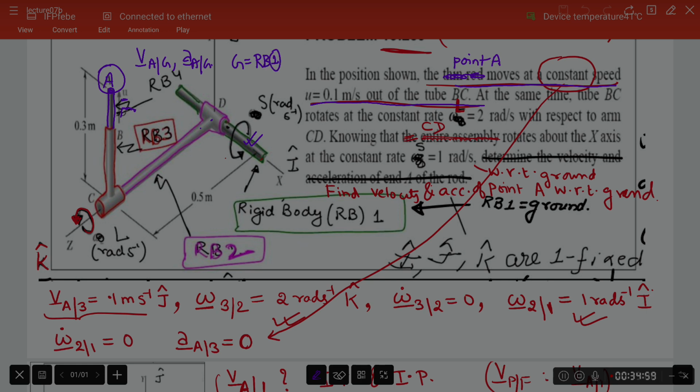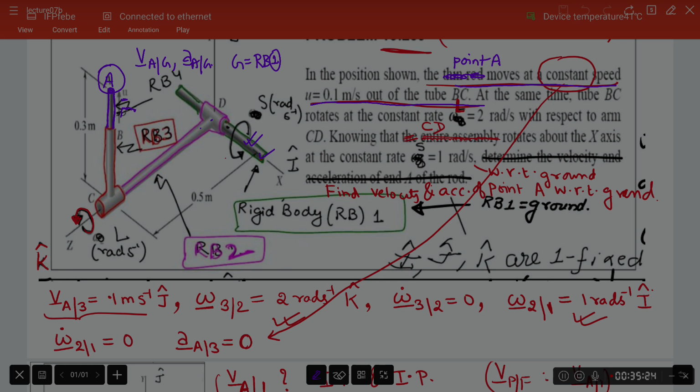How many more rigid bodies do we have? This is rigid body 1. This purple color thing I am calling rigid body 2, then the red color tube I am calling rigid body 3, and finally we have this thin rod which I am calling rigid body 4. So in this problem there are 4 rigid bodies. In other words, there are 4 reference frames.